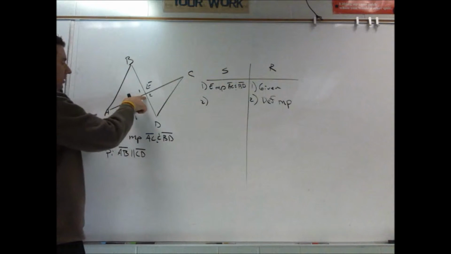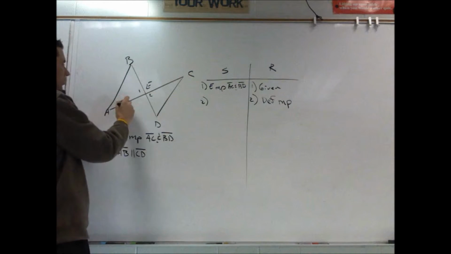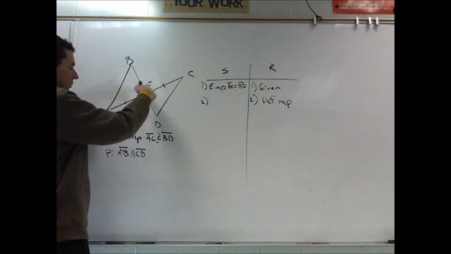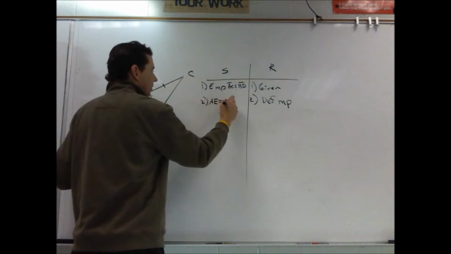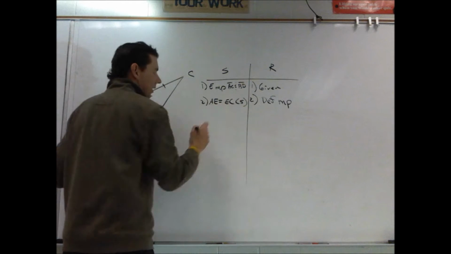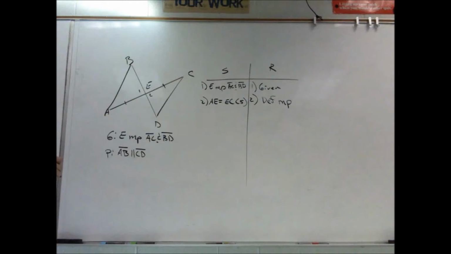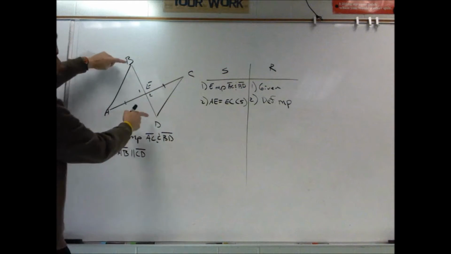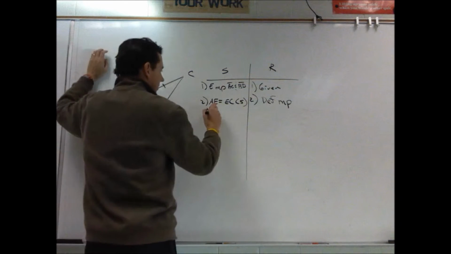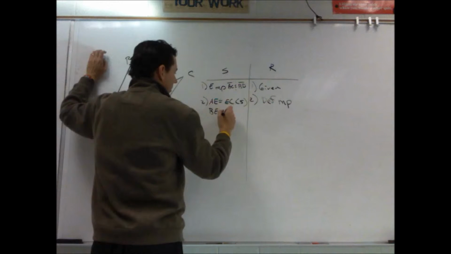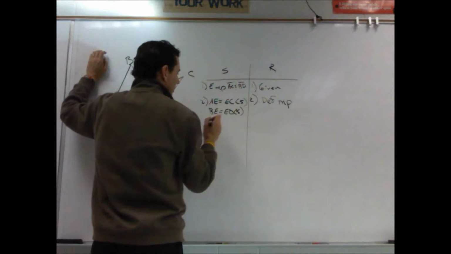A midpoint divides a segment into two equal parts. So if E is the midpoint of segment AC, I know AE is equal to EC. Put an S in parentheses next to it. If E is the midpoint of segment BD, I know that segment BE is equal to segment ED. Put an S in parentheses next to that.